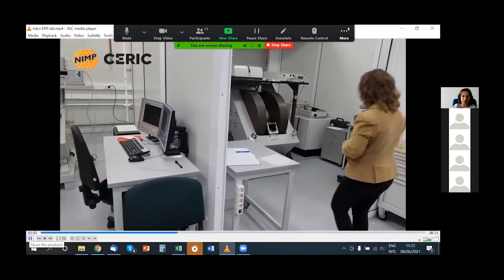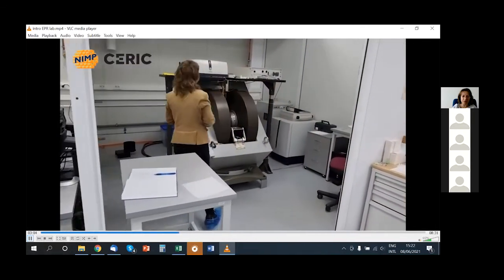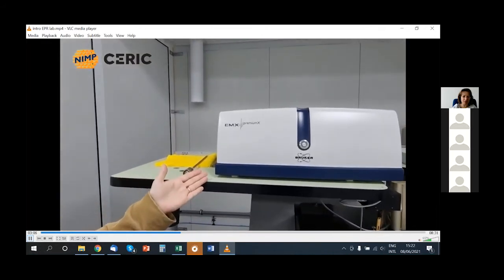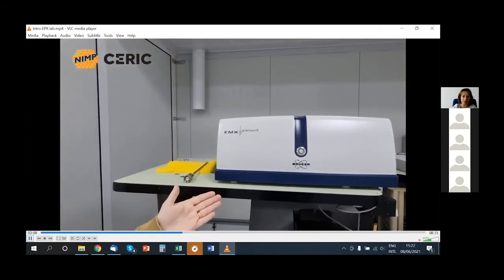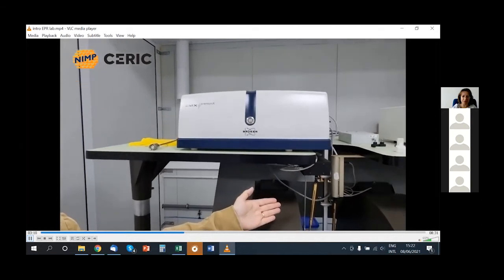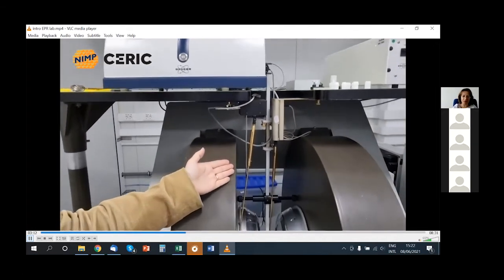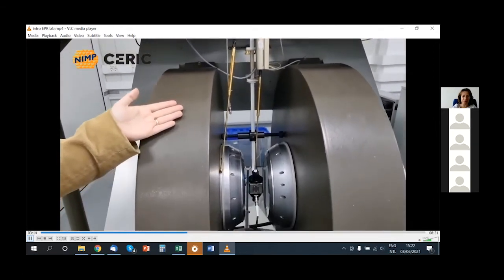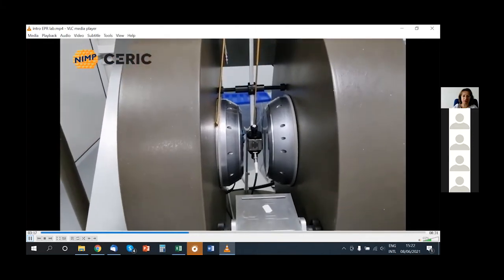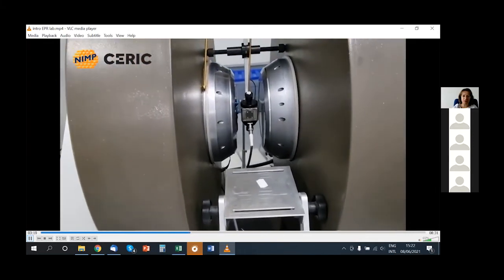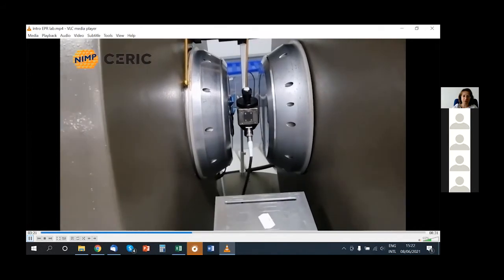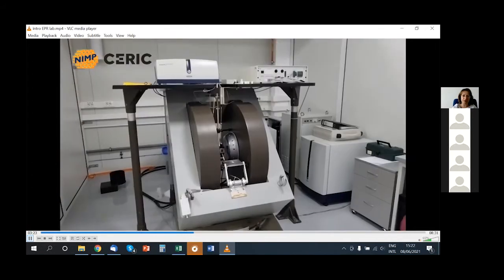We are now going to another spectrometer, which is similar to the one in the slides before. It's the simplest equipment we have. Again, X-band spectrometer with a room temperature cavity.